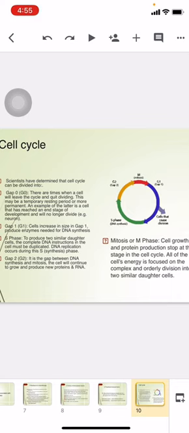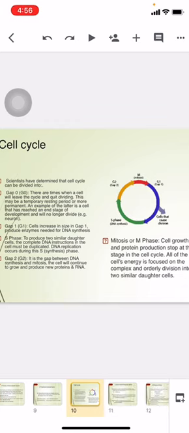And when discussing DNA synthesis, I should mention the S phase, which is the phase for synthesis of the DNA. Then, after finishing the S phase, the cell enters the G2 phase for duplication of the protein, and lastly, the M phase, which is the mitosis phase, which is responsible for the production of 2 daughter cells.